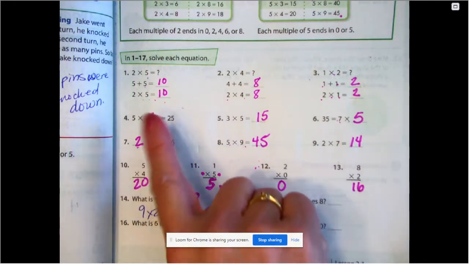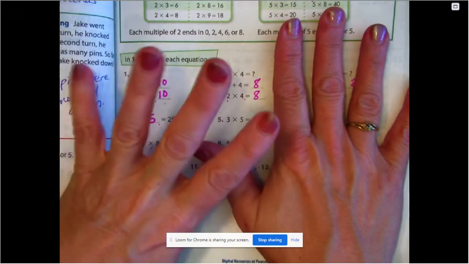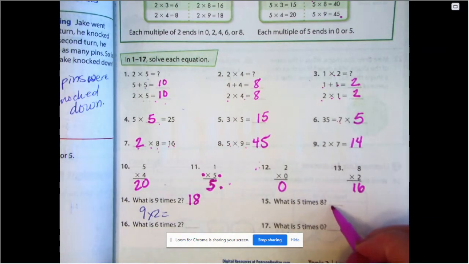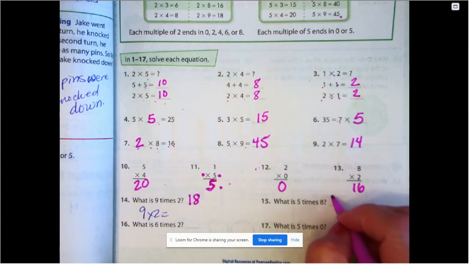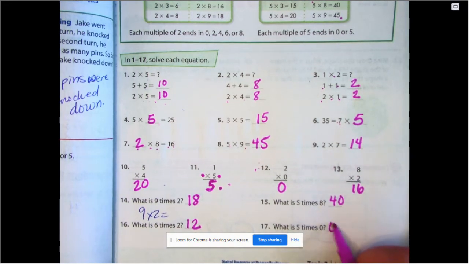Or you can do 2, 4, 6, 8, 10, 12, 14, 16, 18. 5 times 8. 5, 10, 15, 20, 25, 30, 35, 40. What is 6 times 2? 6 plus 6 is 12. What is 5 times 0? 0 plus 0 plus 0 plus 0 plus 0 is 0.